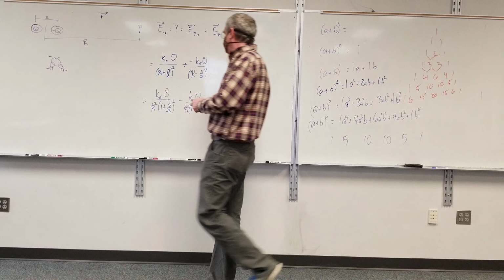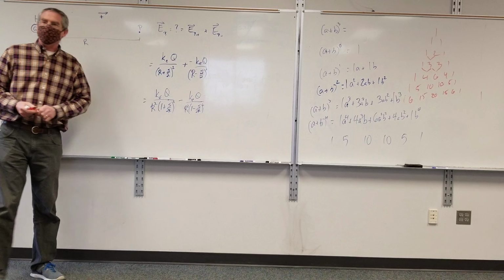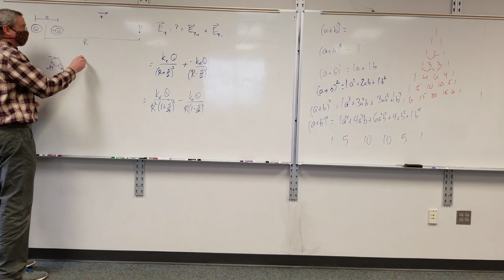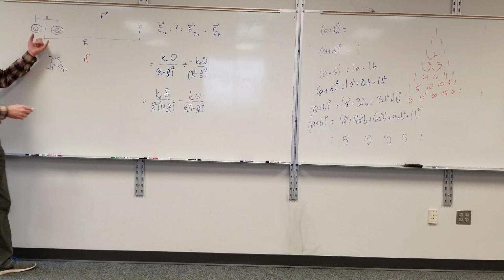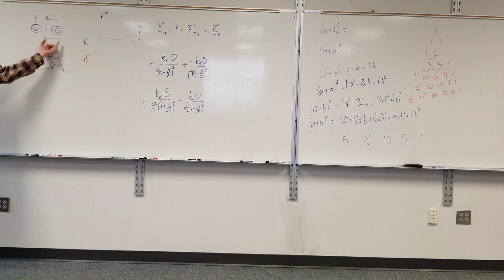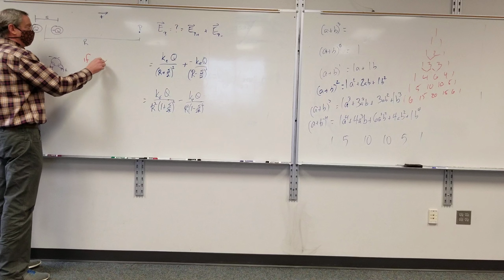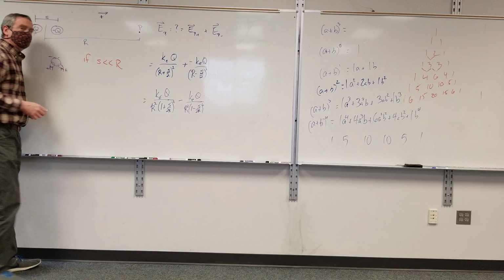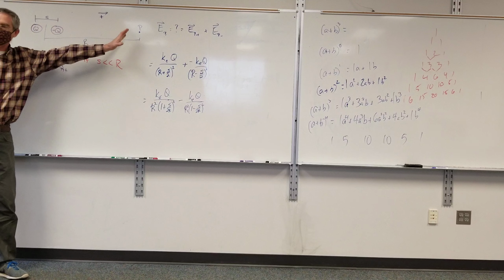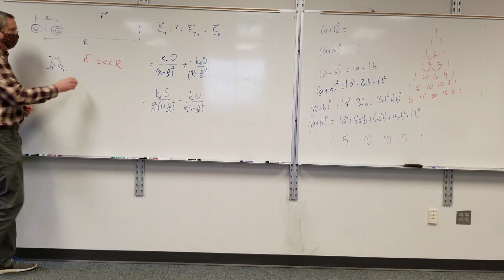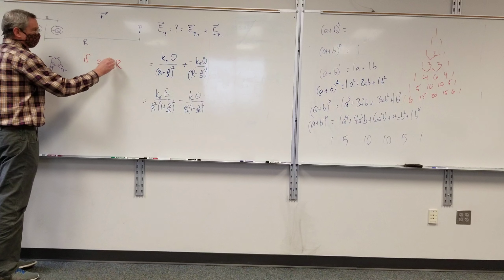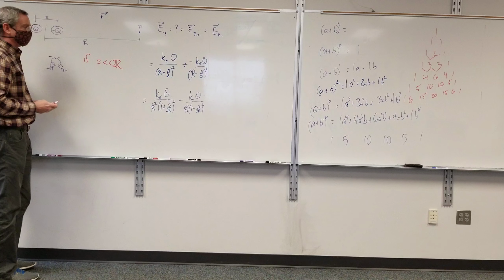So now back over here, I have 1 plus s over 2r. If s is much less than the distance r, where the distance between my two opposite charges is small compared to how far away we are, or actually 2r since that's what we have right there.